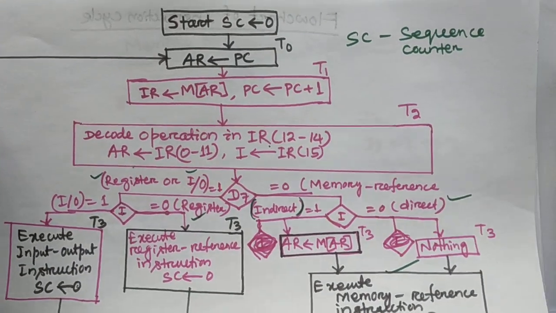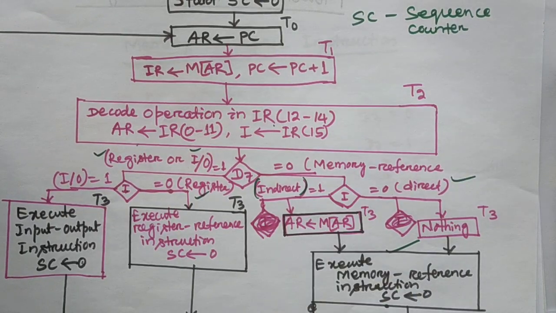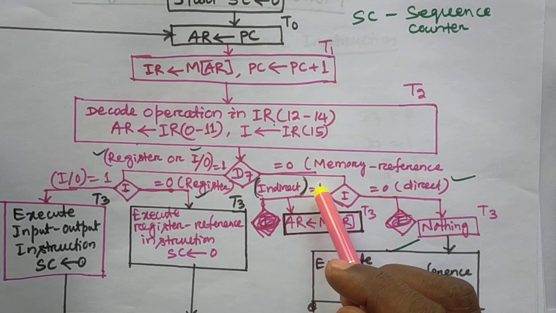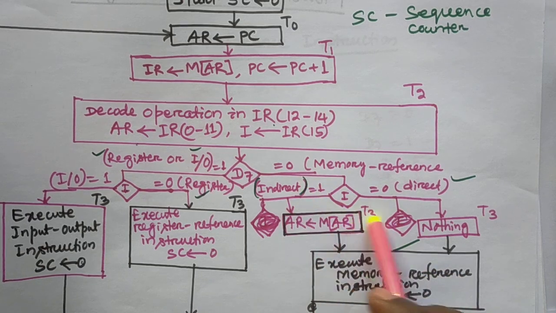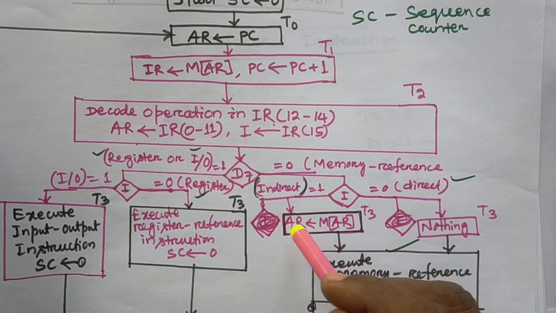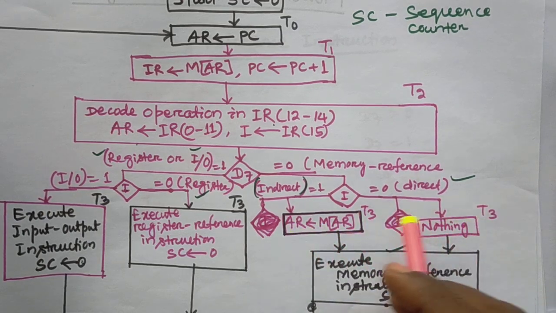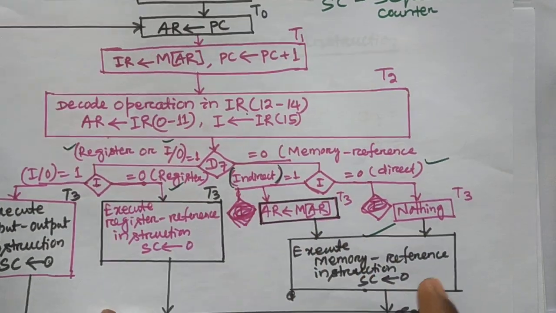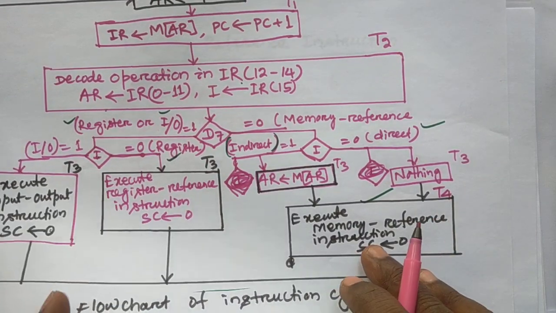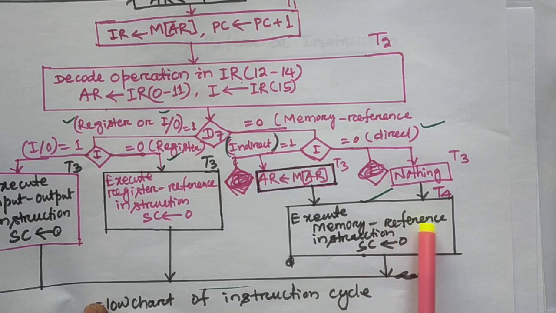Okay, now we see that if we go through memory reference, here you see if I is equal to 0 it is direct and I is equal to 1 it is indirect. At T3 time there is just a transfer of data from memory to address register. But execution here is actually done through T4 for memory reference. You see, the memory reference instruction executes at T4 time.